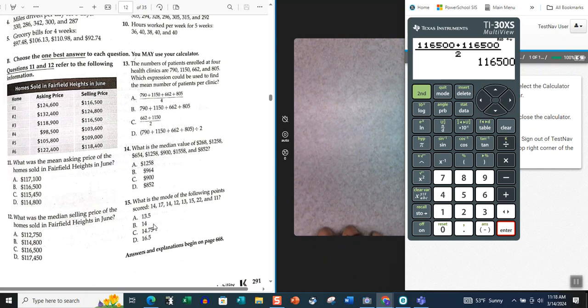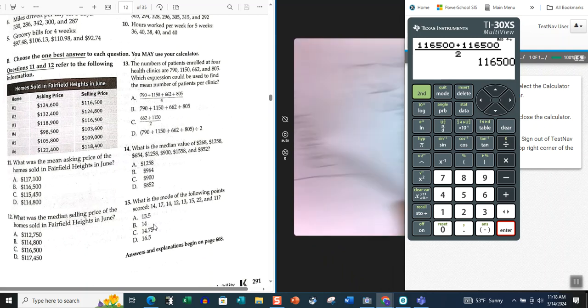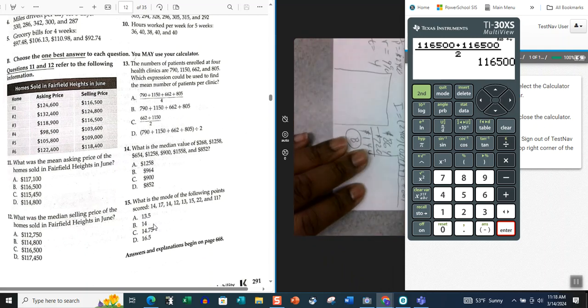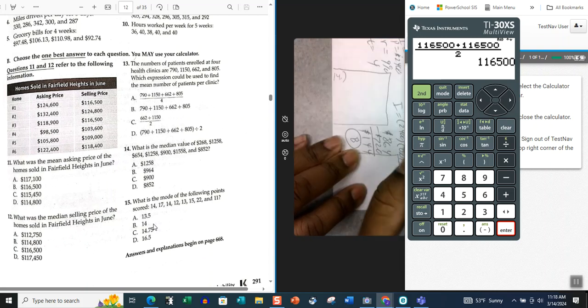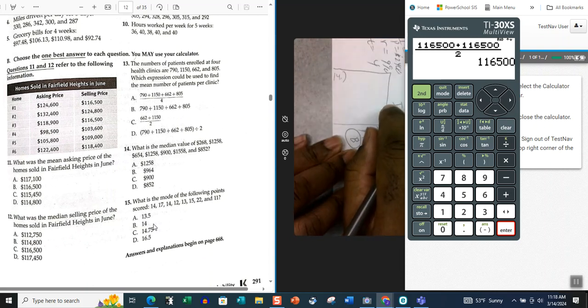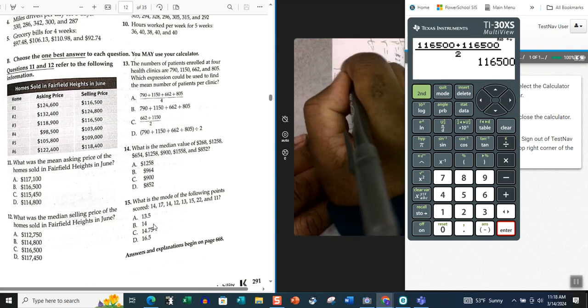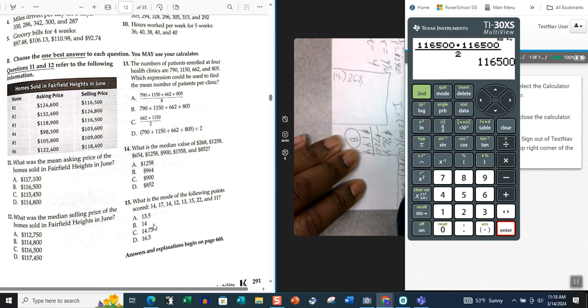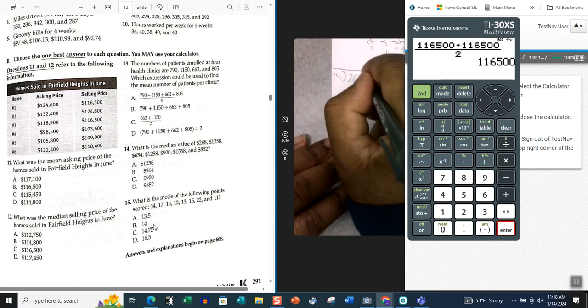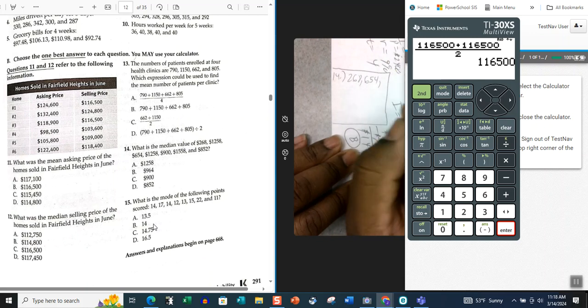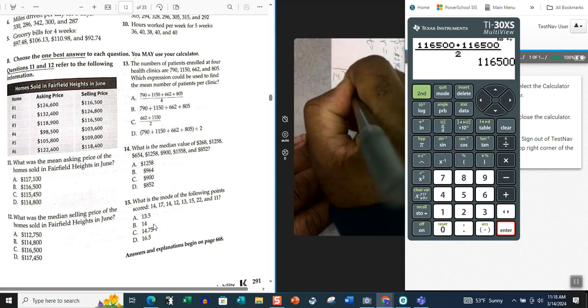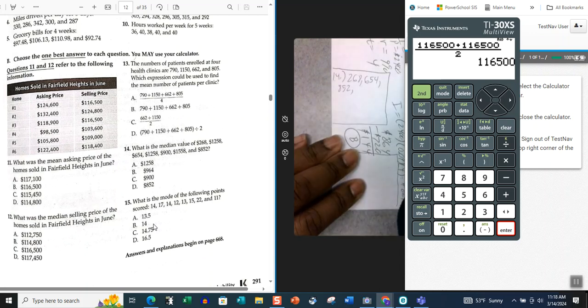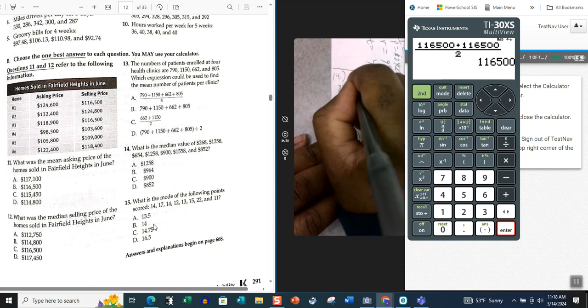So now we're going to do problem 14, which would be the last problem. We want to find the median, so we have to line these up in order from smallest to greatest. It's 268. The next number would be 654. Then 852. Then 900.